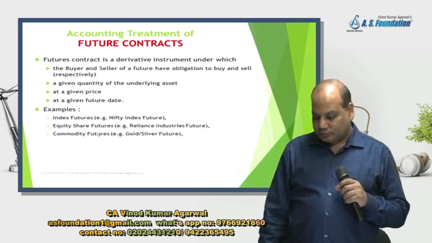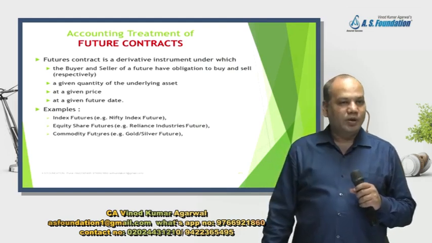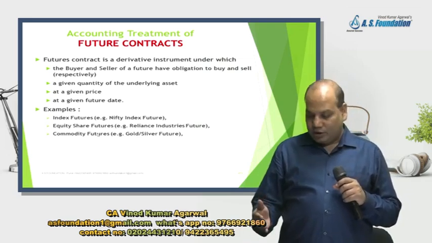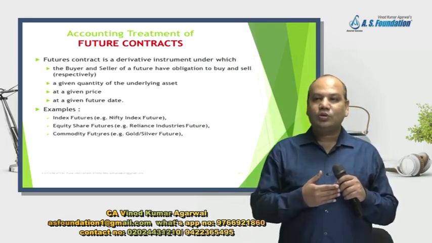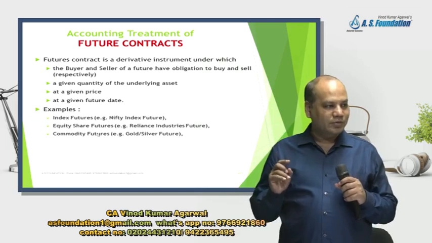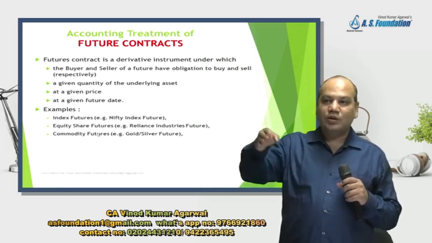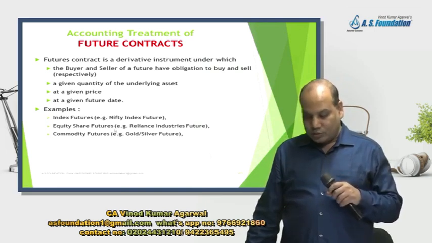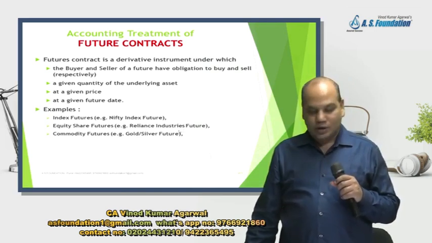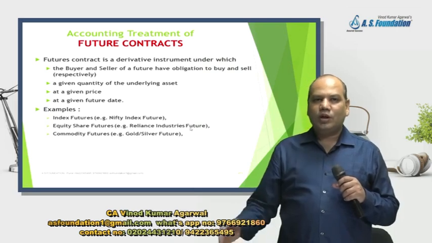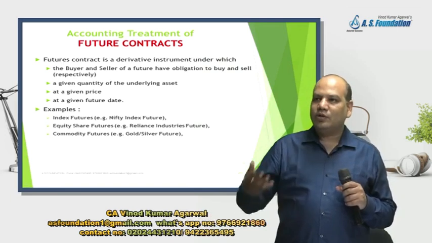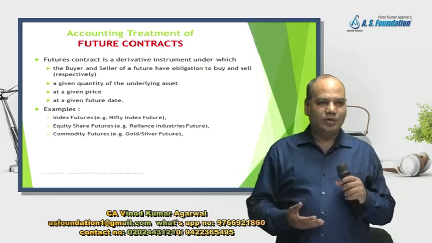Index futures are very popular, like Nifty index future. Daily trading volume in Nifty index futures goes into thousands of crores of rupees. Do you know that? It is more than the share market in terms of volume. Then equity share futures are very popular, like Reliance Industries future. To buy a share of Reliance, you have to pay 1000 rupees.